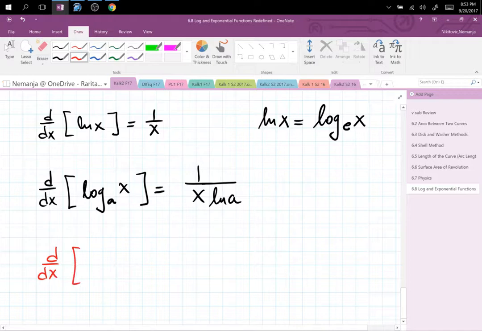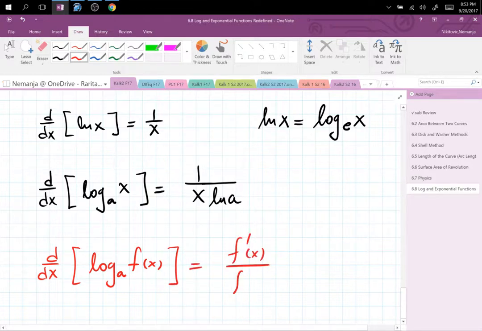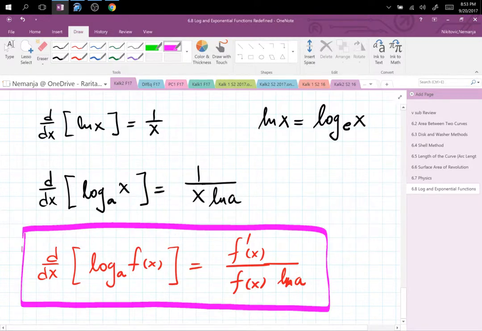The derivative of the log of any base of any function is going to be the derivative of the function divided by the function times ln a. And now this formula will take the derivative of anything. There we go, ln a.